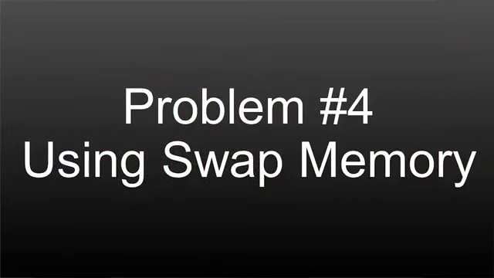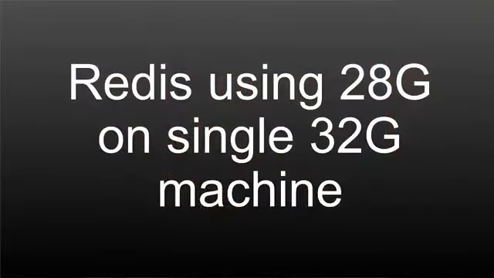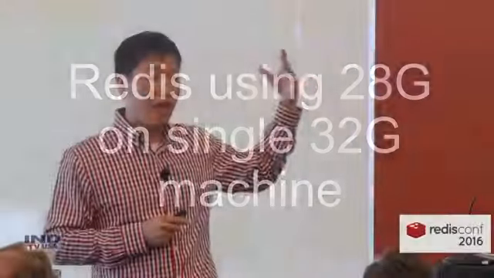And there is memory usage. Sometimes it causes a big problem, because if some process starts to use too much memory, there is nothing to stop it except kill and restart. So imagine there is one Redis instance already using 28 gigabytes of memory on a single 32 gigabyte machine.